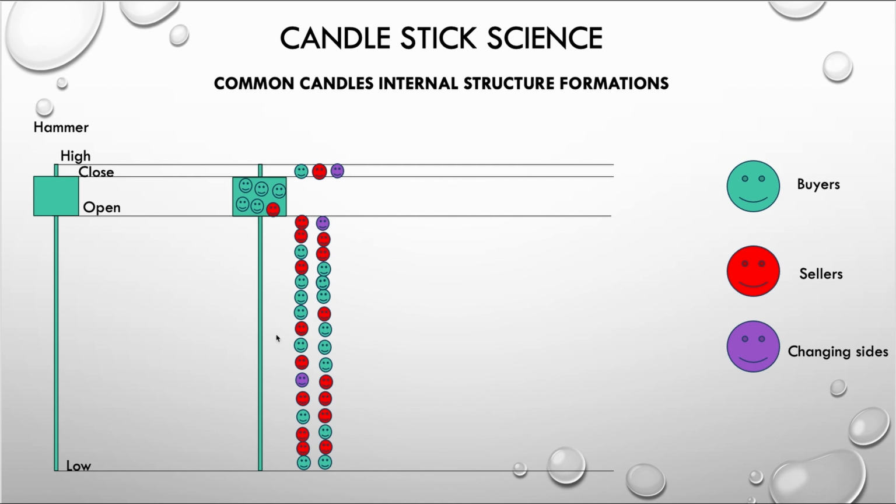Then down here you can see there are equal buyers and equal sellers. However, at the bottom of the wick, there are some traders who changed from selling into buying. These ones with the purple faces changed into buying, tipping the balance in favor of the buyers. That's why the market goes back up in favor of the buyers. So this is the internal structure of a hammer candle.